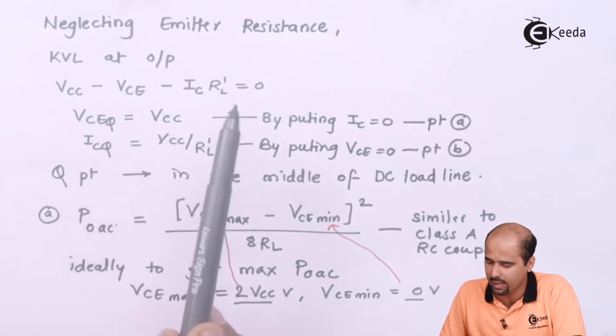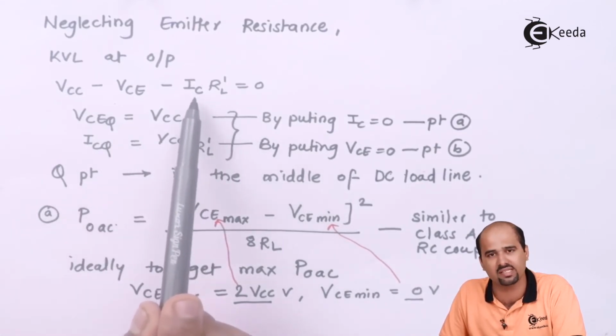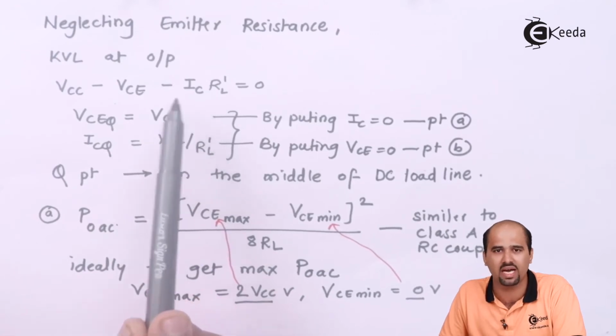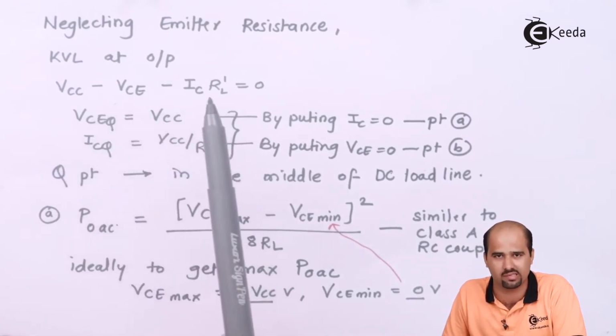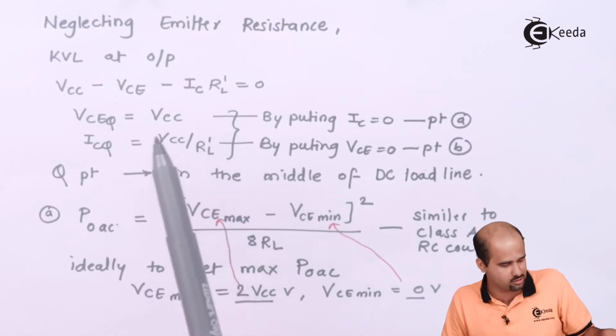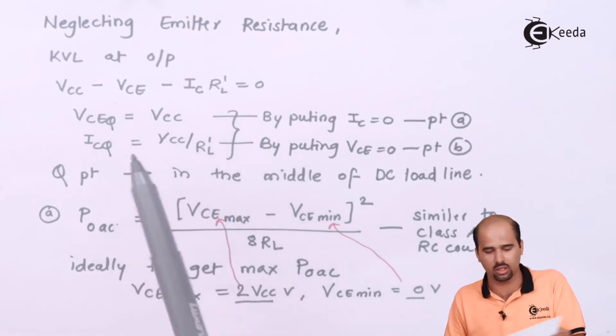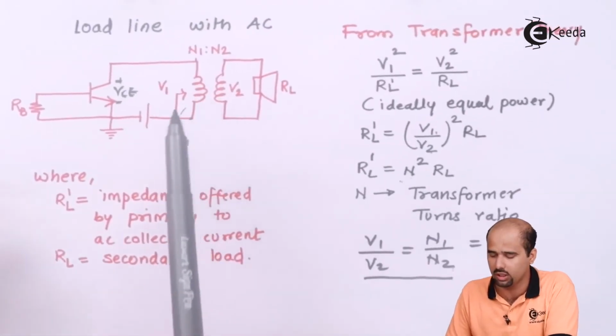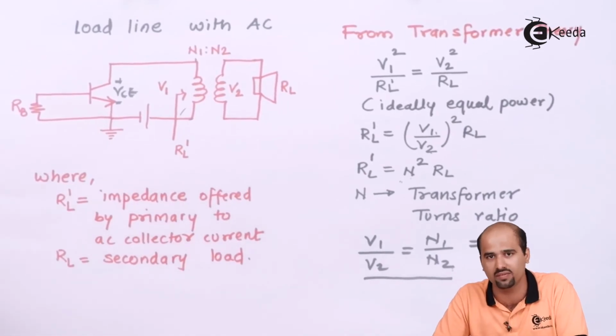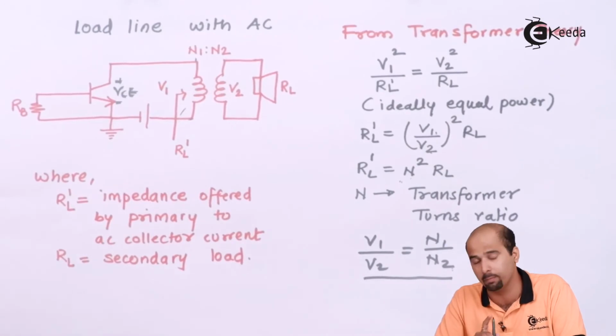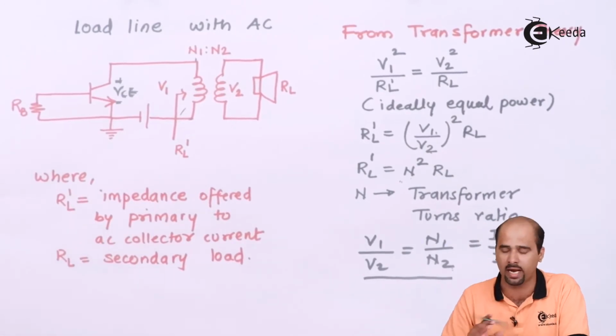See to it that I am not exactly keeping IC equal to 0, because it is not possible to get the value of IC equal to 0. This is because the current flowing through the inductor will remain intact even if I keep something open circuit, right? So back EMF will play a major role in that situation.